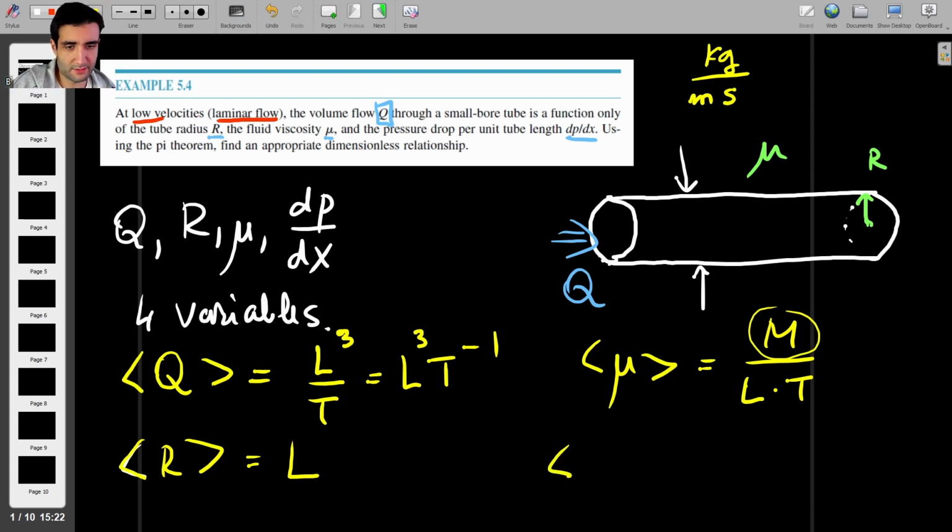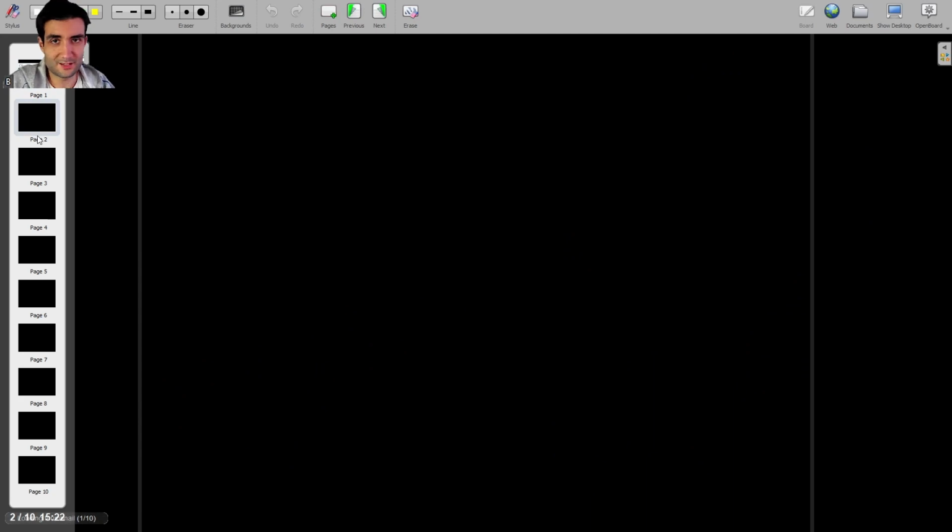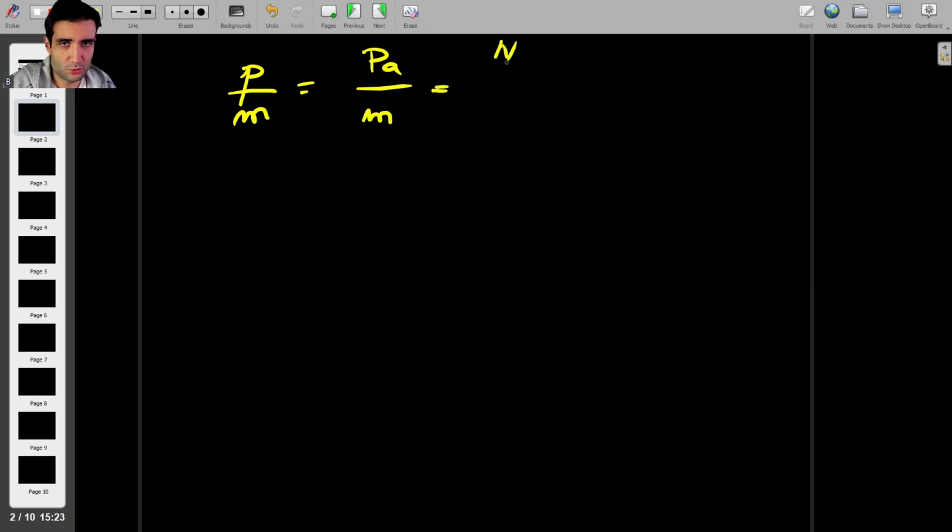And then finally we have dp by dx. So there's a pressure gradient, and the pressure gradient is pressure over meter. Let's actually see what the units are. Pressure over meter is basically pascals over meter. Now pascals means Newton per meter squared, over meter, which is the same as Newton per meter cubed.